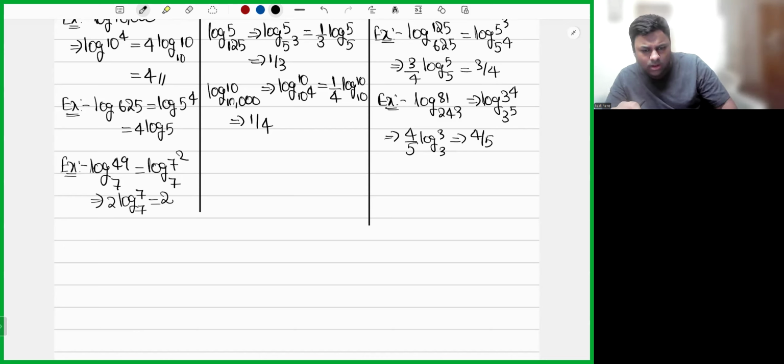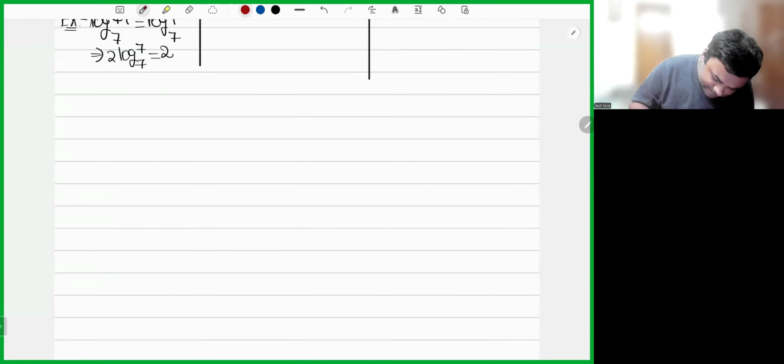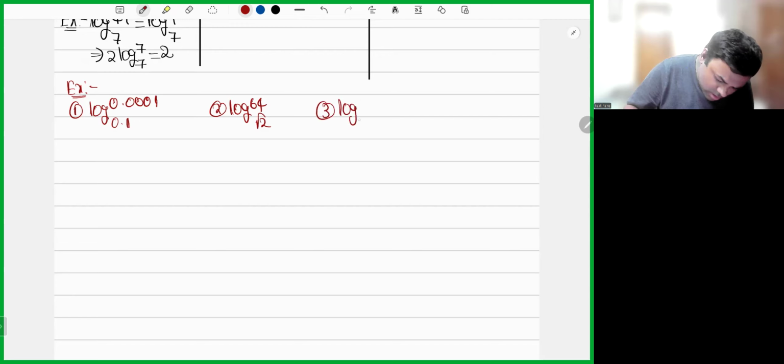Okay. Now, examples. First one, log 0.0001 base 0.1. Second, log 64 to the base root 2. Third, log 0.0625 to the base 2.